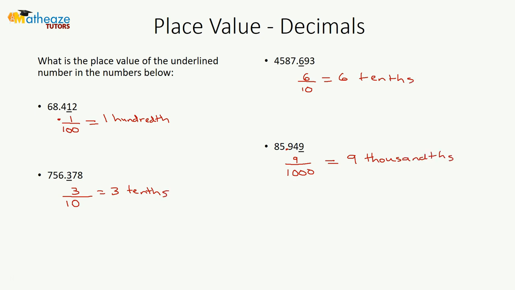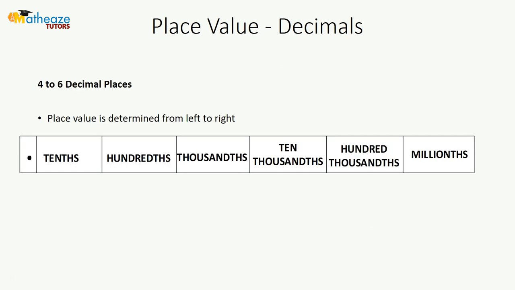Okay, so now let's go ahead to 4 to 6 decimal places. Now you can see that as we continue to have more numbers in the decimal, we just continue to increase the number of zeros in the denominator. If you want to understand some of this, you can look at the lesson on whole numbers and integers to see how it goes from right all the way to the left.